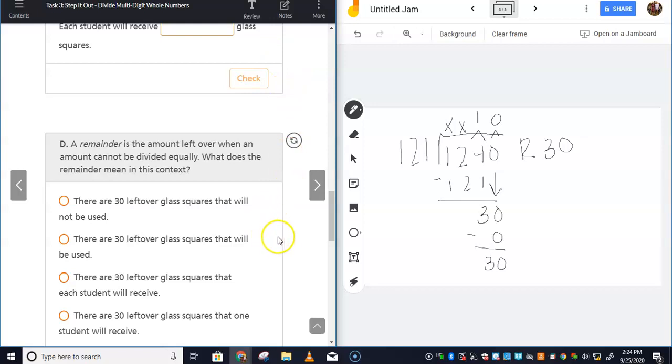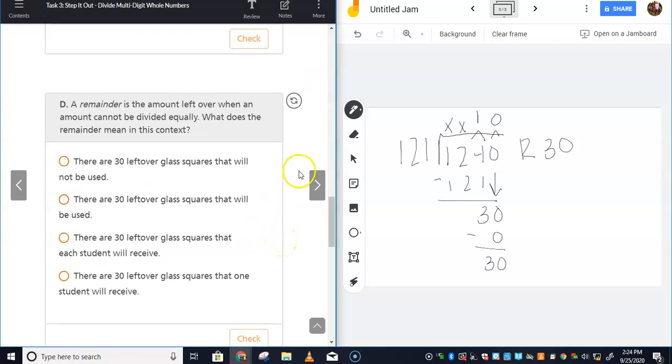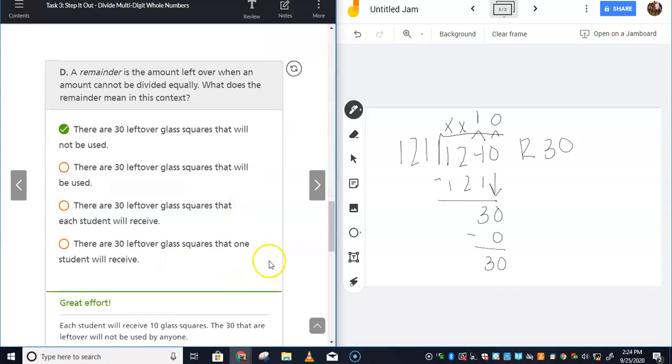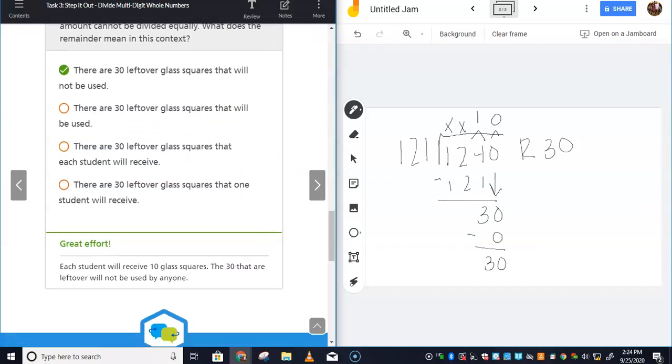What does the remainder mean in this context? That there are 30 glass squares that will not be used. There are 30 leftover glass squares that will be used. There are 30 leftover glass squares that each student will receive, or there are 30 leftover glass squares that one student will receive. The answer is that they will not be used, because we have to divide it equally among everyone.